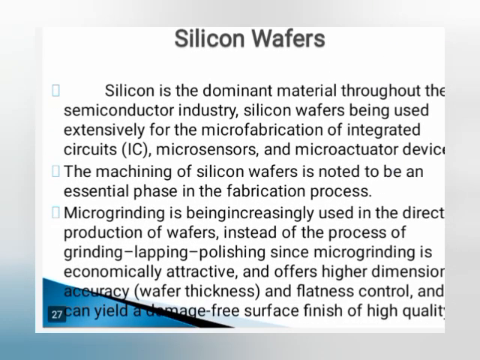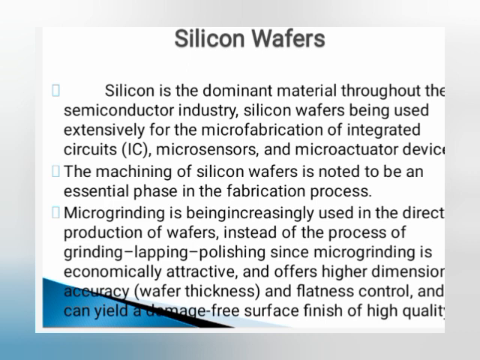Silicon wafers. Silicon is the dominant material throughout the semiconductor industry. Silicon wafers are used extensively for the micro fabrication of integrated circuits, ICs, micro sensors and micro actuator devices. The machining of silicon wafers is noted to be an essential phase in the fabrication process.